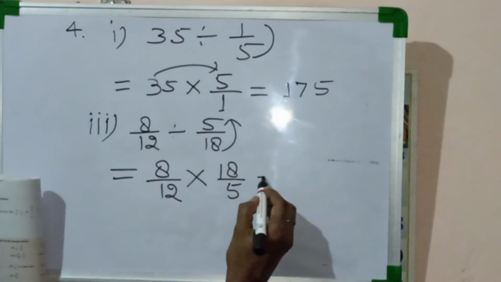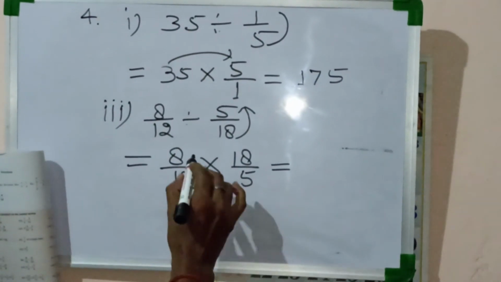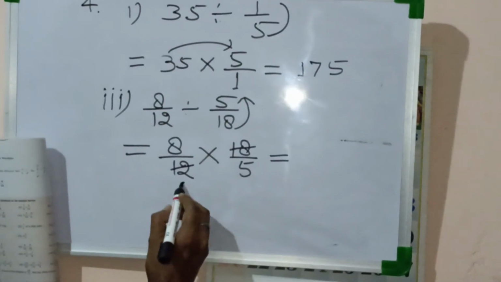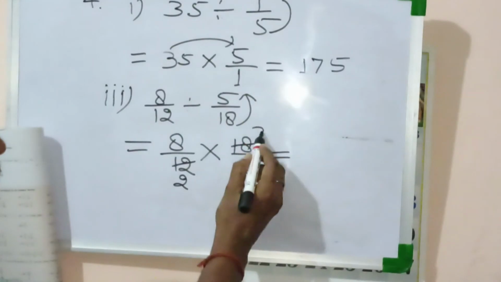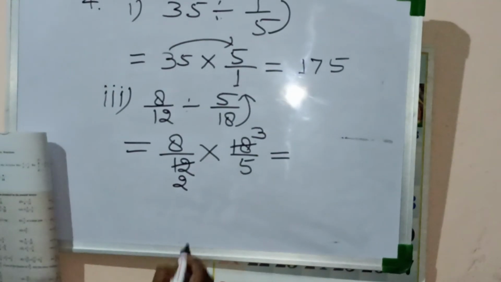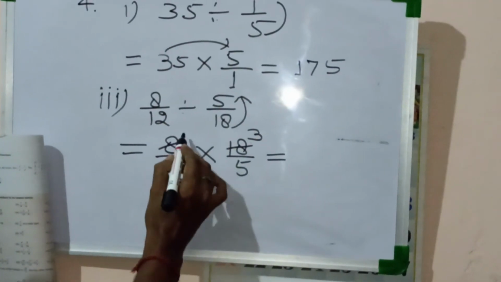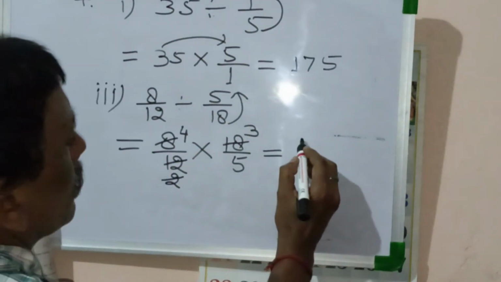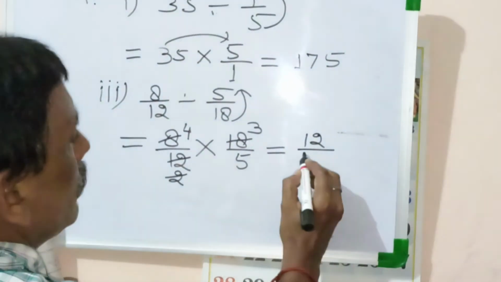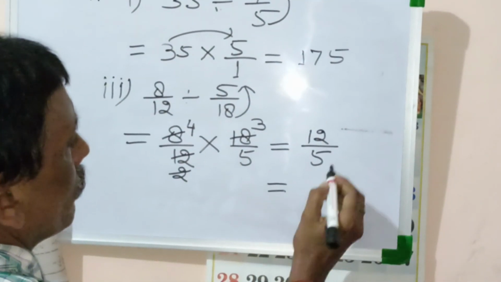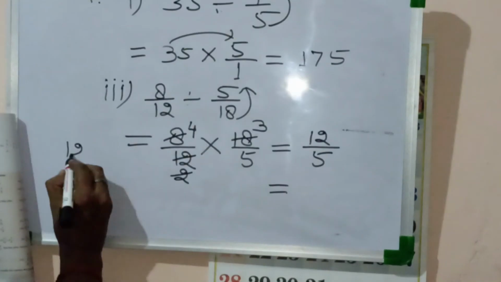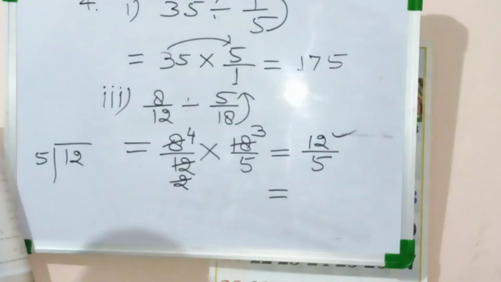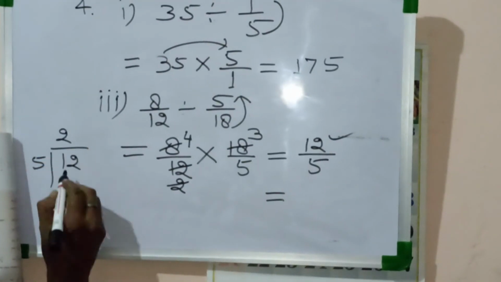Now you can multiply or you can simplify it like this. 6 can divide both. 6 twos are 12, 6 threes are 18. 2 can divide 8, 2 fours are 8. 4 into 3, 4 threes are 12, 12 upon 5. 12 upon 5, or you can write it as a mixed fraction also. 5 twos are 10.